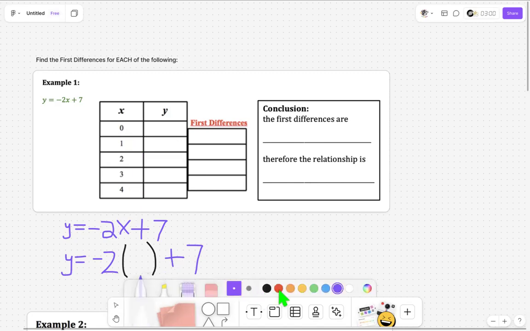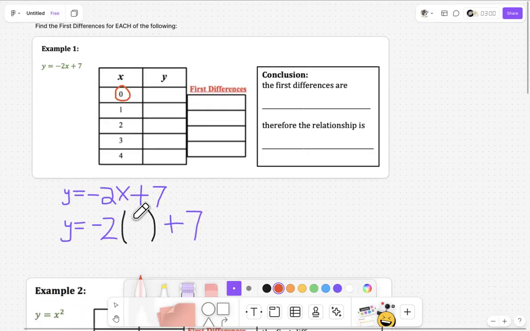Now, with each value of x, for example, right now I'm going to start with x is equal to 0. Well, I have to plug that value into my equation. So instead of y is equal to negative 2x plus 7, I'm going to plug in negative 2 times 0, because that is my x value. I have to figure out what negative 2 times 0 plus 7 is.